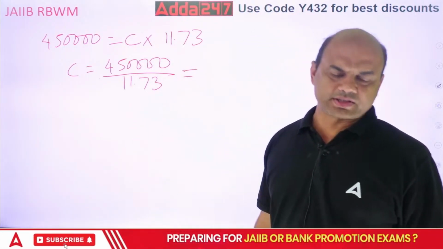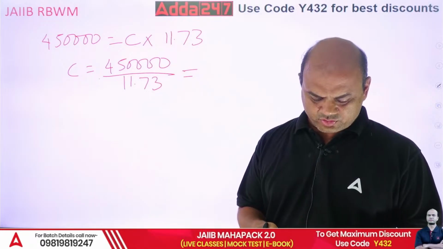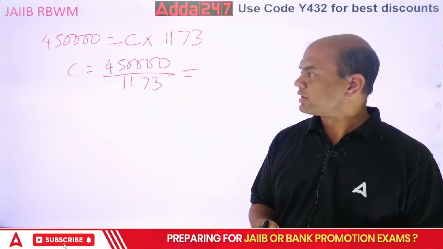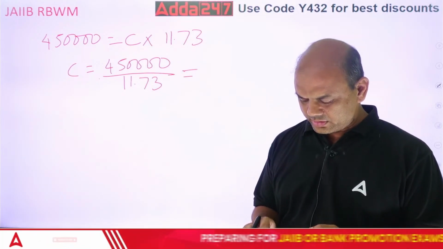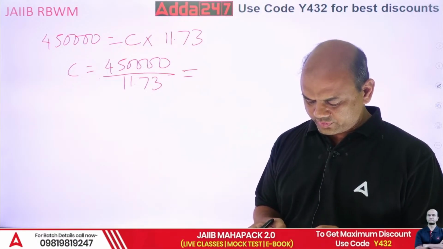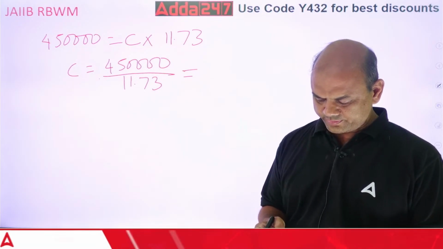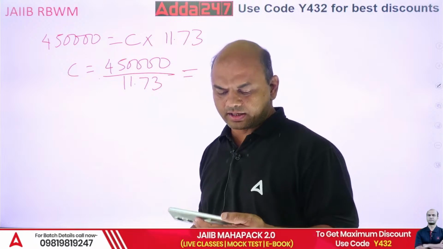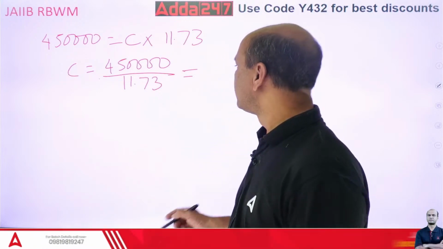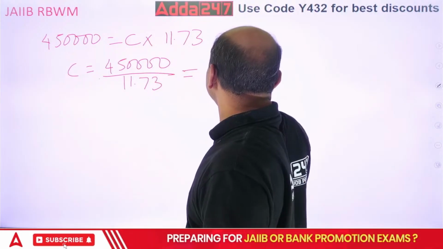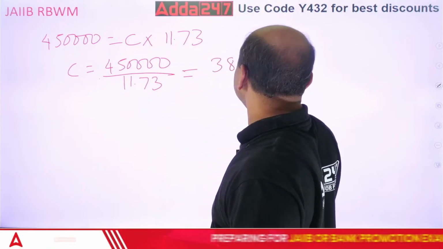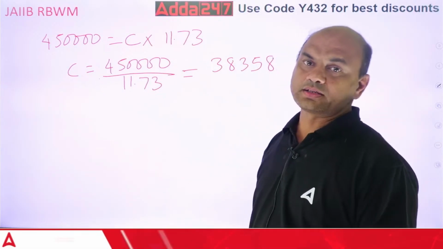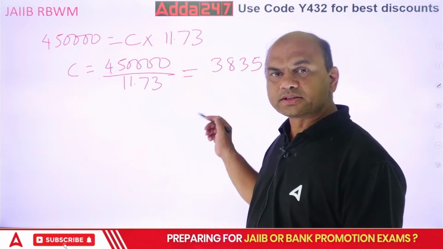Everyone check this. So what are you getting? I am getting the answer as 38,358. You must also get the same answer, 38,358. This is the amount of sinking fund.